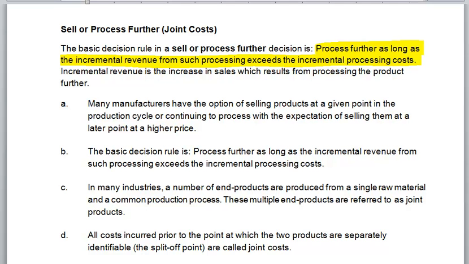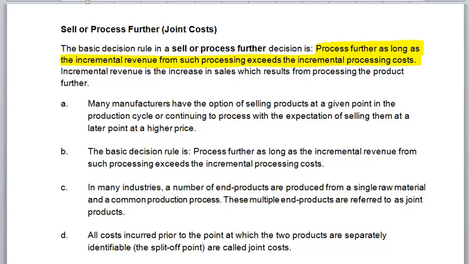For example, we can have unfinished furniture, and then if we want to, the second process that would cost us more money would be to varnish it and paint it. Well, the additional cost for varnishing and painting it must be able to be covered by the incremental revenue from selling it as a finished product versus unfinished furniture.